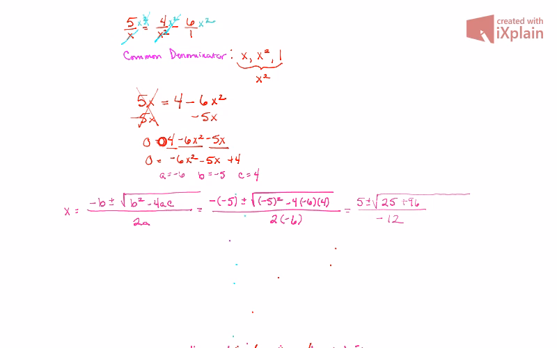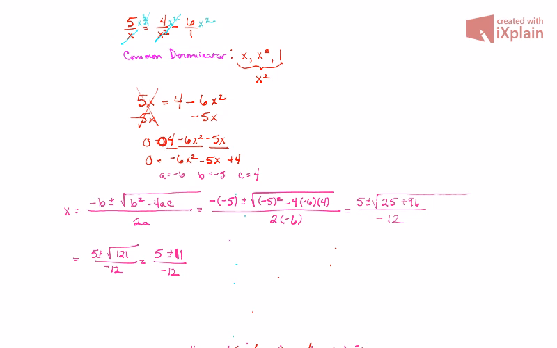As we run through, we have 5 plus or minus. Let's clean up our discriminant, or the radicand, the number underneath the radical. This gives us the square root of 121, all over negative 12. 121 is a perfect square; 121 is 11 squared, so the square root of 121 is 11.